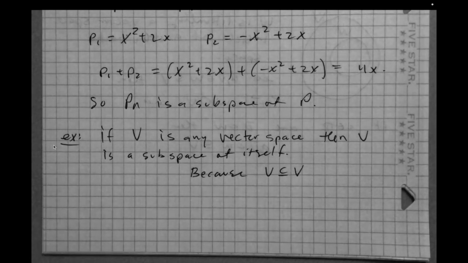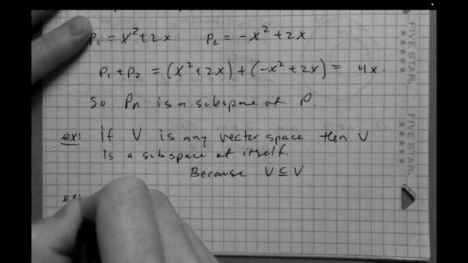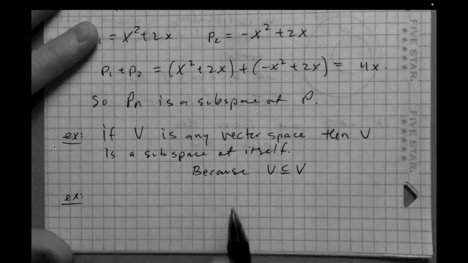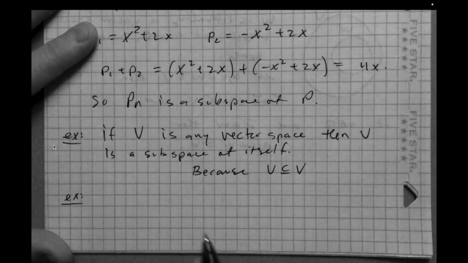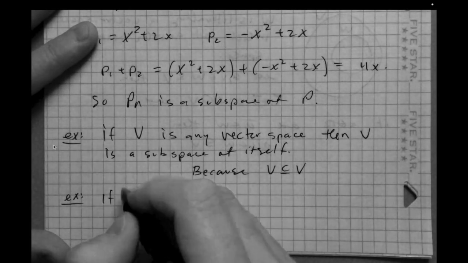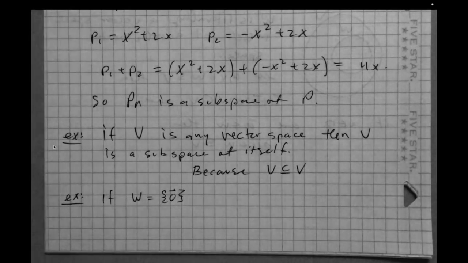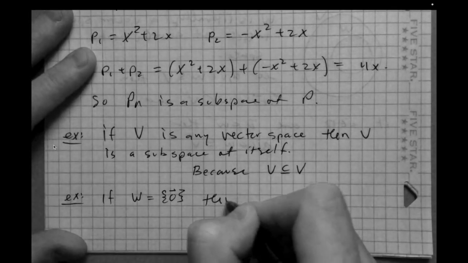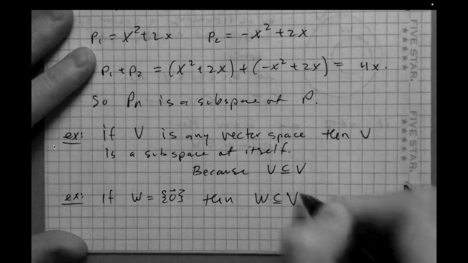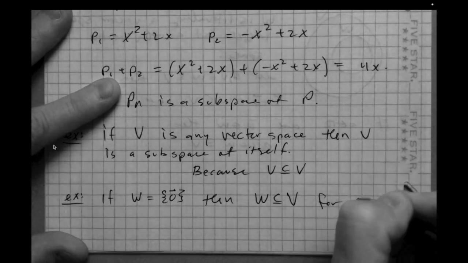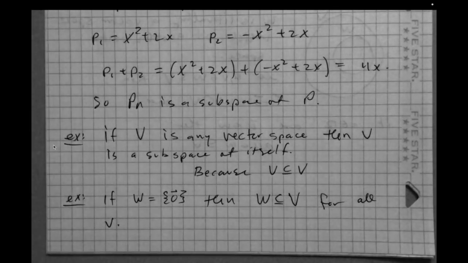So this is one of the trivial subspaces. Another one is the subspace zero, the zero vector alone. So if W is equal to the zero vector, we saw that was a vector space, then W is a subspace of V. Okay, so this is called the trivial subspace.